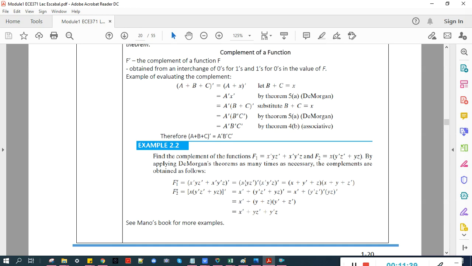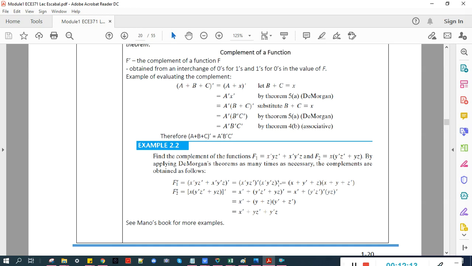So we OR these terms here, x or y prime, and then complement each term. Instead of x prime, using De Morgan's, it becomes x, and then y becomes y prime, and z prime becomes z. Same with the last term. The complement of x prime is x, and instead of AND, we use OR.